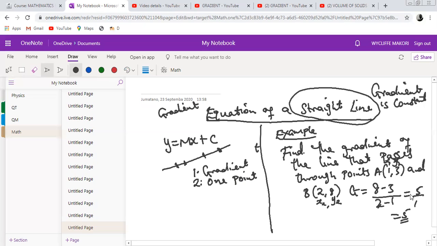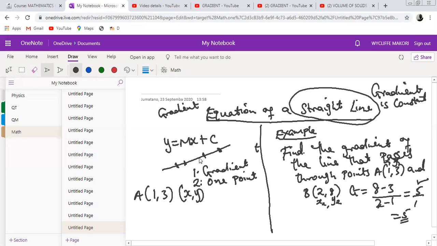So in this case, we are already sorted. The gradient is 5. At least we have one point. We have point A and point B whose coordinates are given, so we can choose any. Let us use point A. If the line passes through A(1, 3), we assume another point, it also passes through the point (x, y).